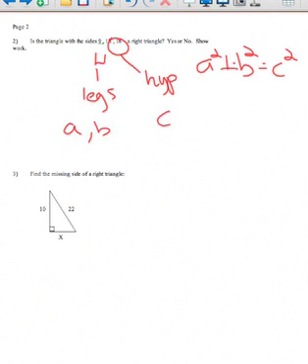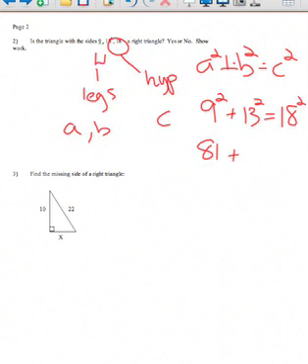So A squared will be 9 squared, B would be 13 squared, equals 18 squared, the hypotenuse. 9 squared is going to be 81. 13 squared is going to be 169. And 18 squared is 324.